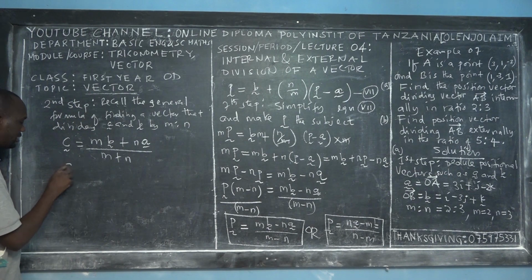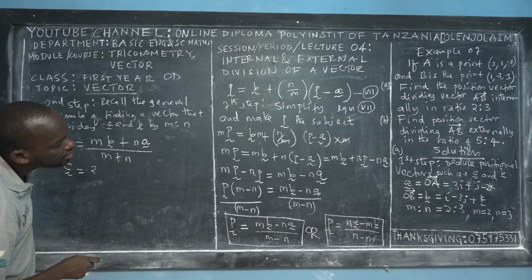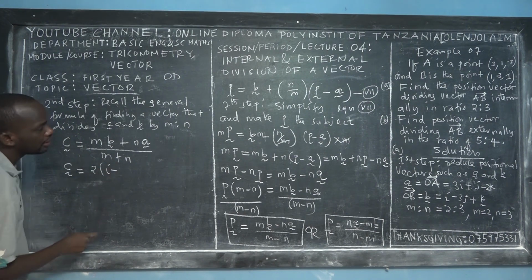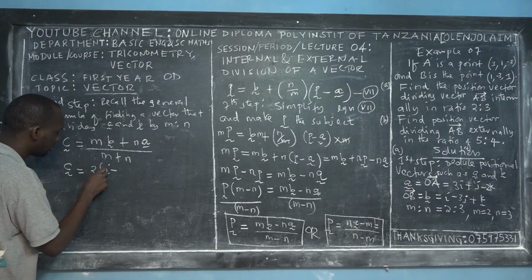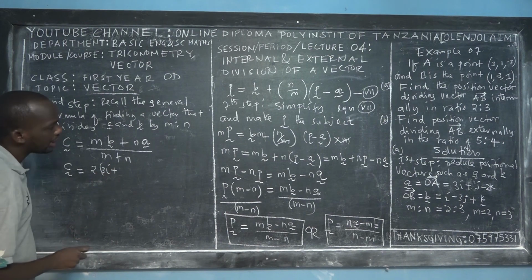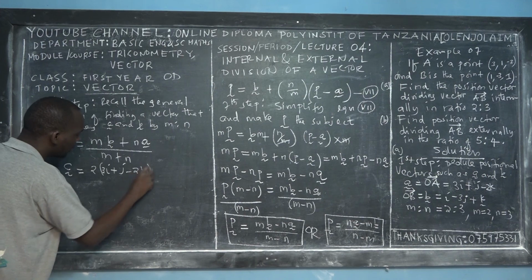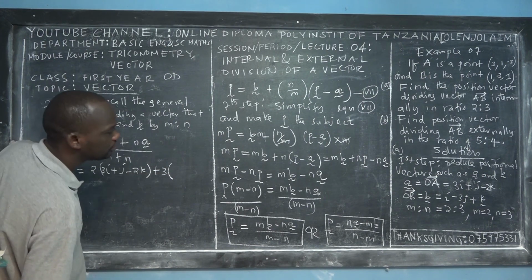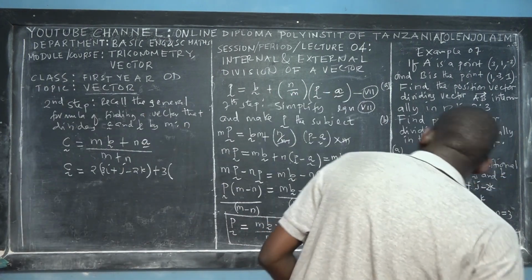So the next thing is just you substitute. What is the value of m? m is 2. What is the value of B? Oh, excuse me, this is a common mistake that I made.